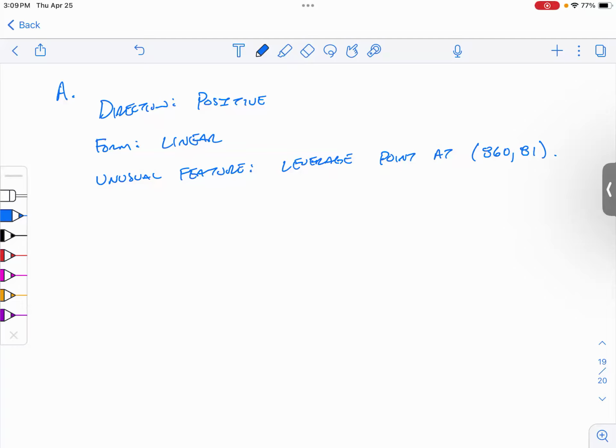Now I could further think about that point as well, just as a note. So that leverage point was really high out there, and it was kind of on the up end. Basically the number of powerboat registrations jumped up in 2021. Do we remember what was happening around then? COVID.